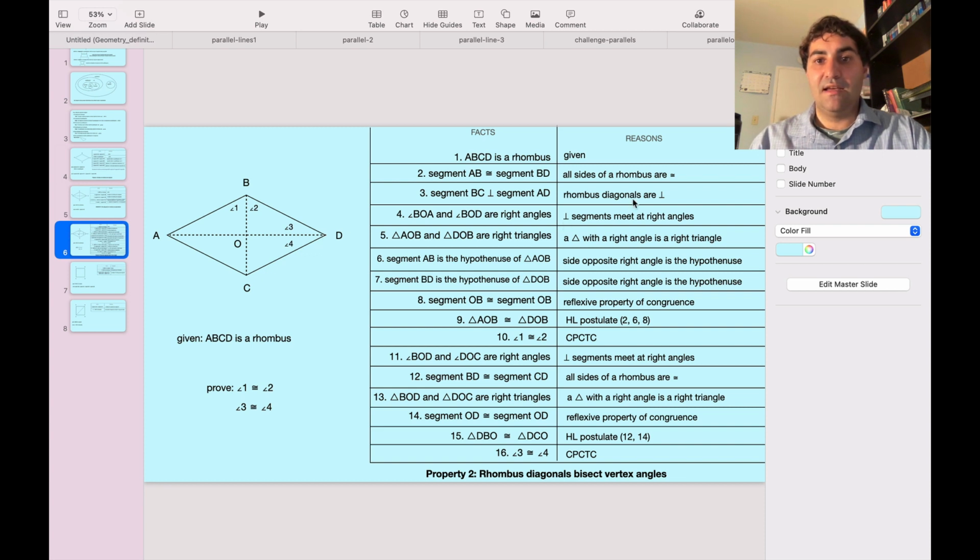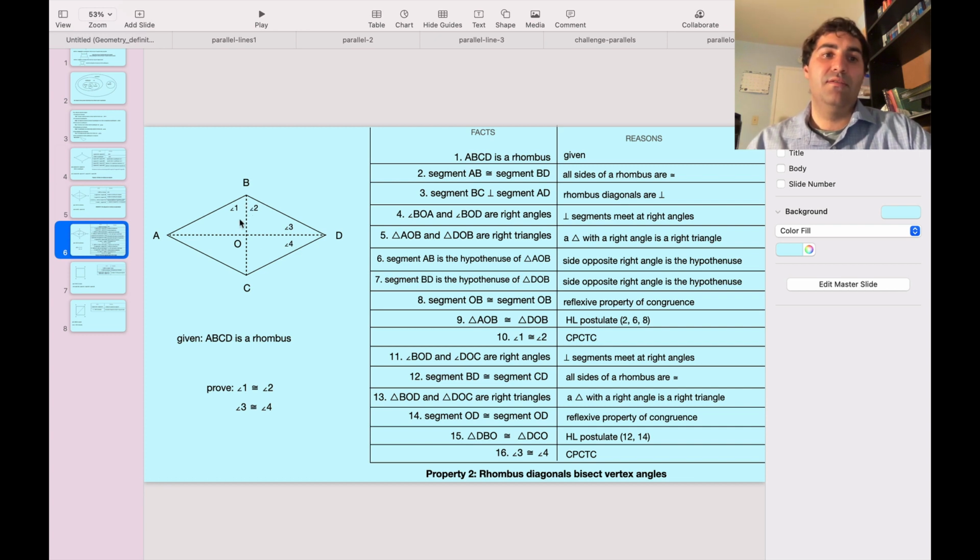We know the diagonals of a rhombus are perpendicular, so segment BC is going to be perpendicular to segment AD. So since perpendicular segments meet at right angles, we know that angle BOA and angle BOD are right angles. And we know a triangle with a right angle is a right triangle, so triangle AOB and triangle DOB are right triangles.